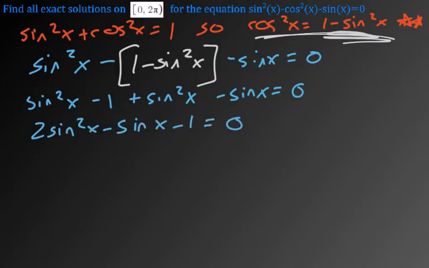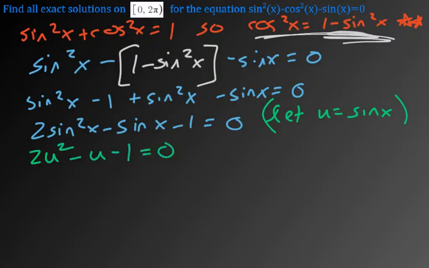And then it turns into one of these quadratic trig functions. So I'm going to use u-substitution. I'm going to let u equal sine of x, okay? And if I do that, then I'm really just solving a quadratic, 2u squared minus u minus 1. And I think this factors pretty nicely here.